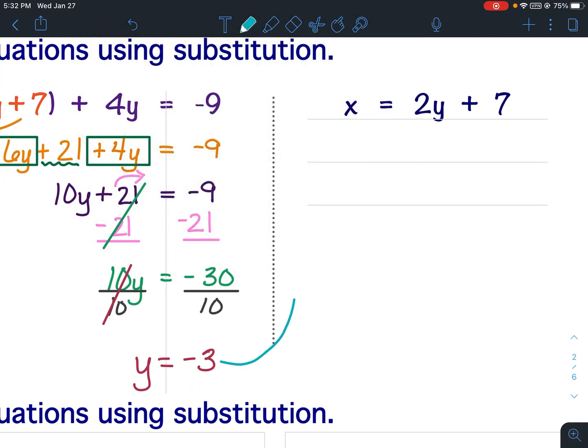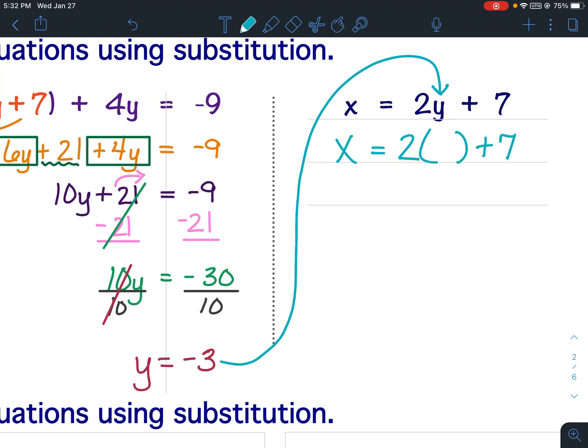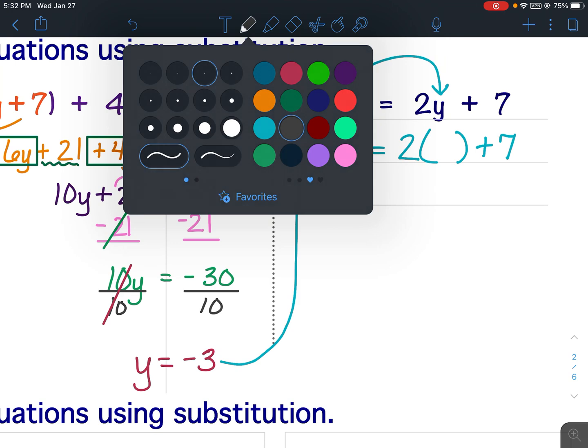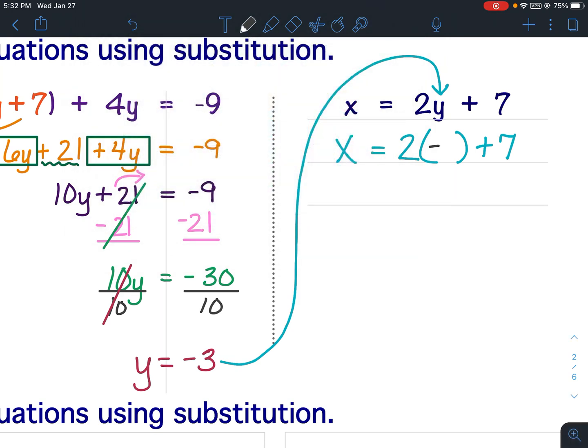And this negative 3 is going to go in for the y. So x equals 2, put parentheses, plus 7. And I replaced the y with the negative 3.